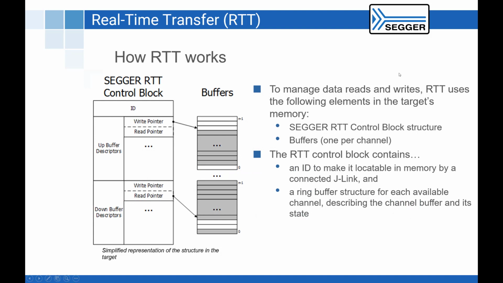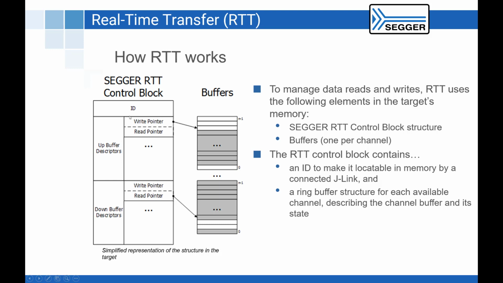Well, to manage those data reads and writes, RTT is using some elements in the target's memory. One is a control block structure, and then a number of buffers, one buffer per channel. The RTT control block essentially contains an ID that makes it locatable for the J-Link that is connected.